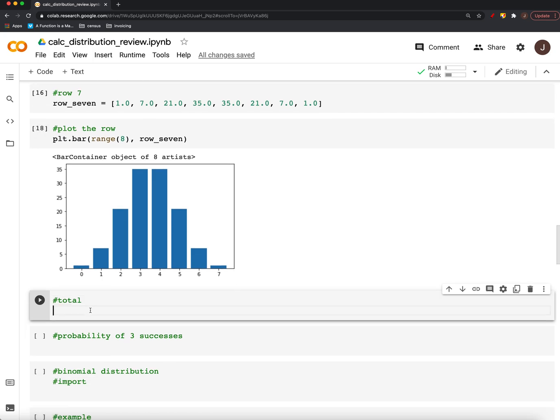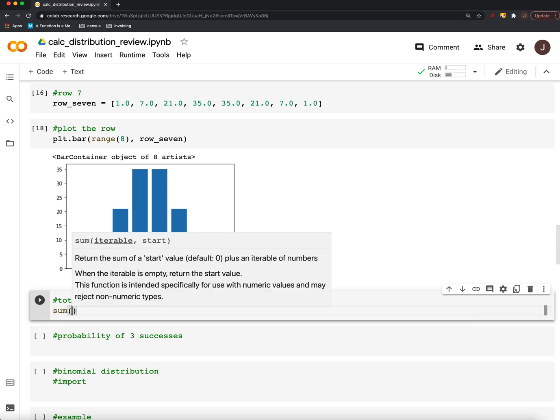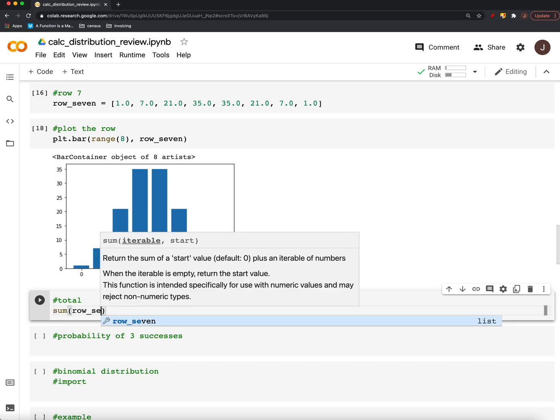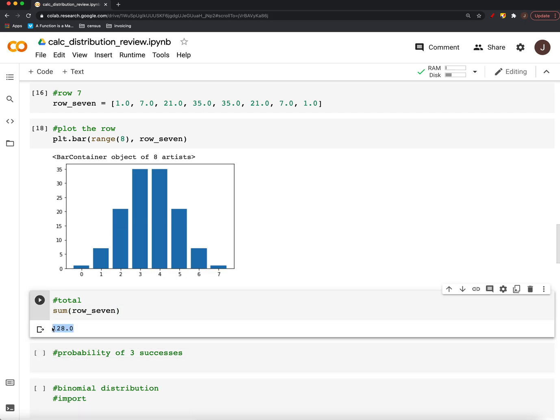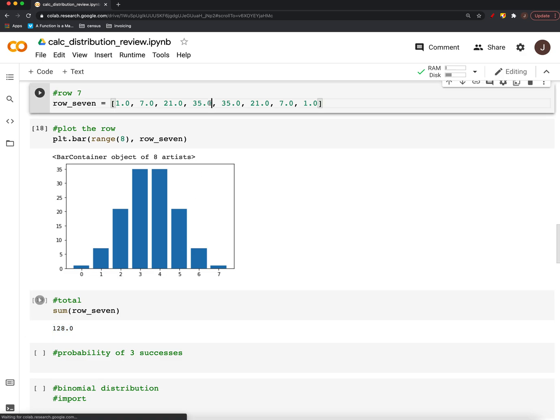And there's a total number of outcomes of however many, what's the sum here? Okay, 128. So there's 128 possible outcomes. But 35 of those are 3s. And we know that because of the height of this bar and the area of this bar.